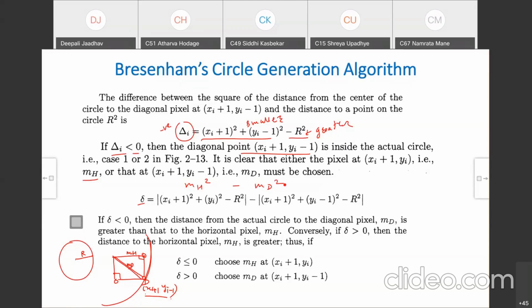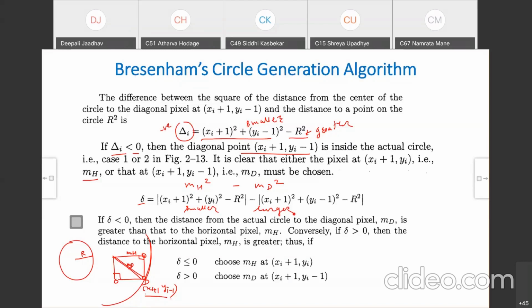So now you can tell me, if delta is negative, which is smaller here? If it is negative, this is smaller, correct? And this is larger. If it is negative, horizontal is smaller than the diagonal.